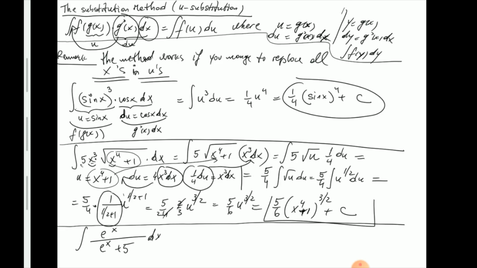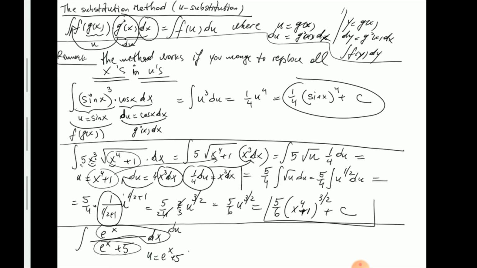So here's a typical example that sometimes is confusing. Is this suitable for a u substitution? It is, because if you think about it, if I differentiate the denominator, I'll get e to the x. So actually, e to the x together with dx is going to be my du if I replace u with e to the x plus 5.